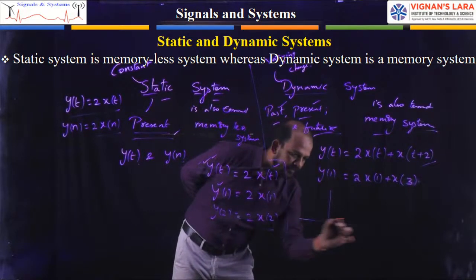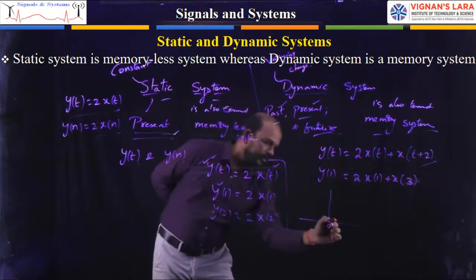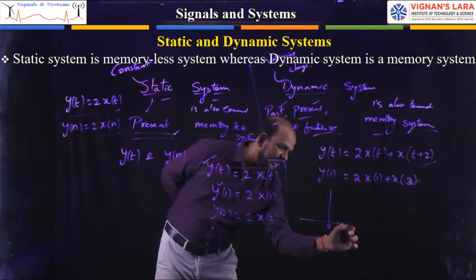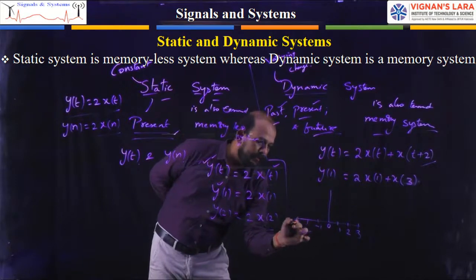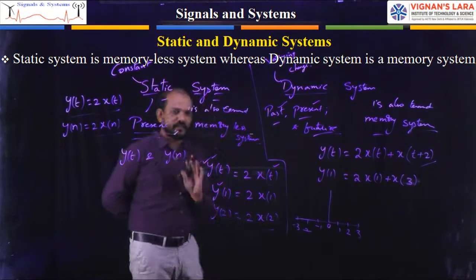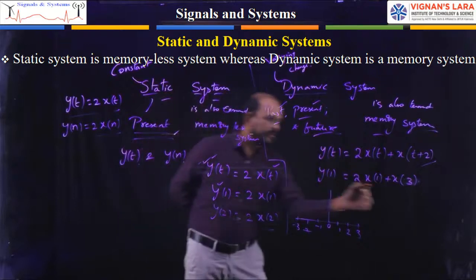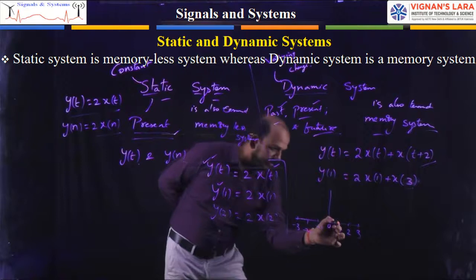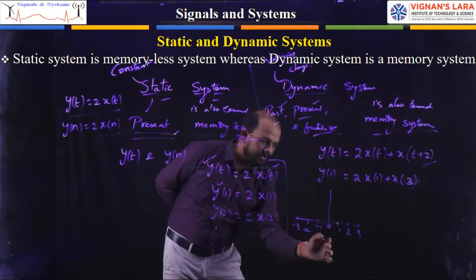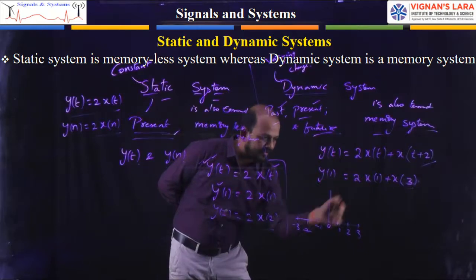Now, consider the time axis. This is the 0 second, this is first, this is second, this is third, or minus 1, minus 2, minus 3. Clear? Now, see x of 3. This is our present output, y of 1. Here I have to get y of 1, which will be equal to 2 into x of 1, the input at the first second.